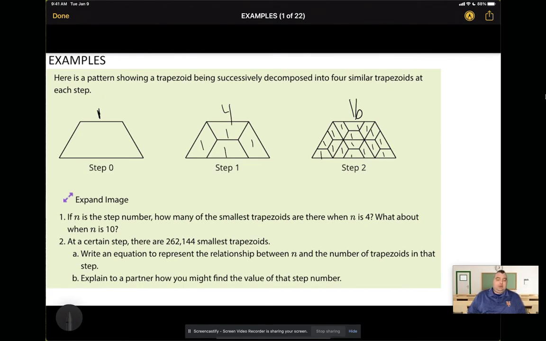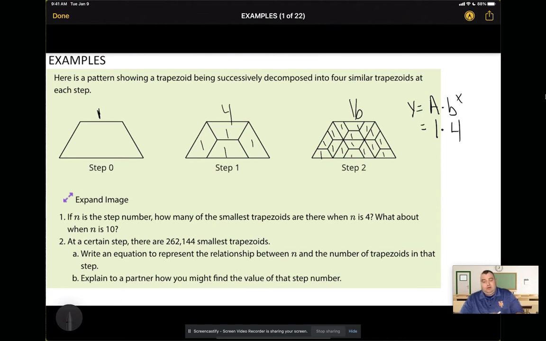If I were to create an equation, going back to our exponential growth from the very end of last semester, we would use y equals a times b to the x. My initial value would be 1, and my growth factor in this case would be 4, since I'm multiplying by 4 each time.